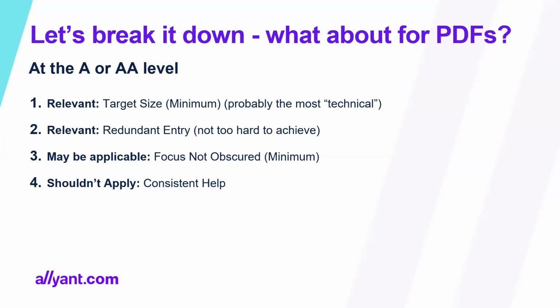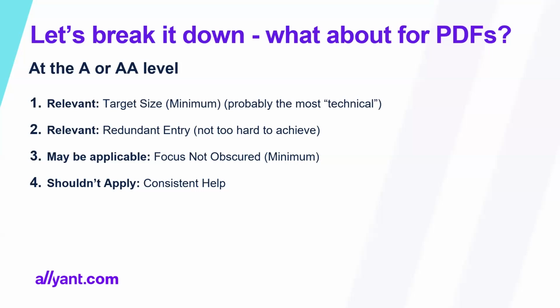So the two that are really most relevant, the one is for target size, and this is probably the one that's going to be the most technical when it comes down to actually authoring documents or remediating PDFs, for example. And then the other one that's going to be relevant more frequently is the requirement for redundant entry. Now, this one's not too hard. It's not too technical. Pretty easy to meet the requirements, but certainly going to be relevant in some of our documents.